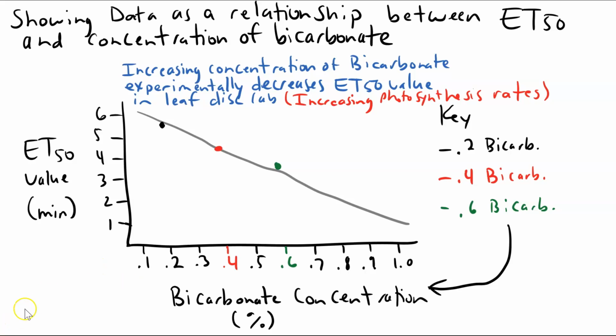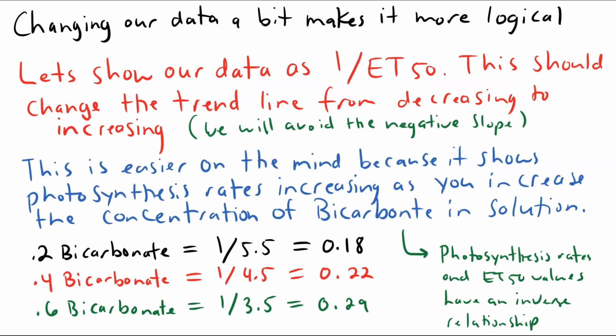That's saying, though, that photosynthesis rates increase as you increase bicarbonate solution concentration. So the problem with this is that the downward trajectory, the negative slope here, makes it seem as if something's decreasing, when in fact photosynthesis rates are increasing as you increase sodium bicarbonate concentration.